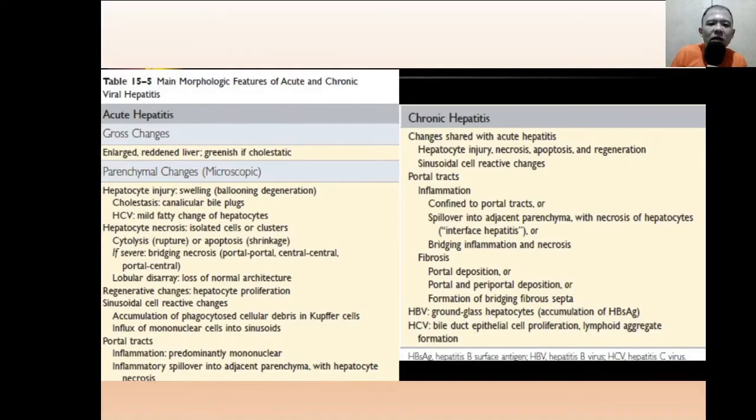So what are the major differences in acute and chronic hepatitis aside from the timeline? Number one, for chronic hepatitis, you already see fibrosis, portal fibrosis. For acute hepatitis, it's more on the cellular changes as well as the infiltrates.